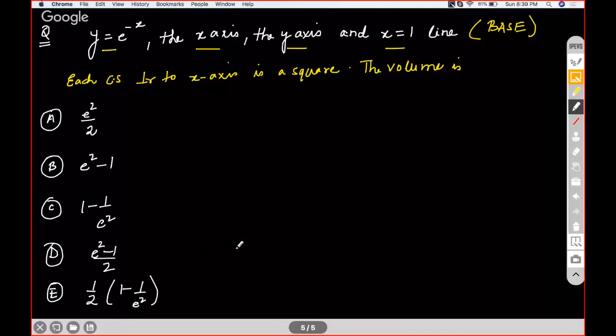So what's the graph of e to the power minus x? I'm just drawing it on a y and x axis. It's going to be like this, cutting here at 0, 1.